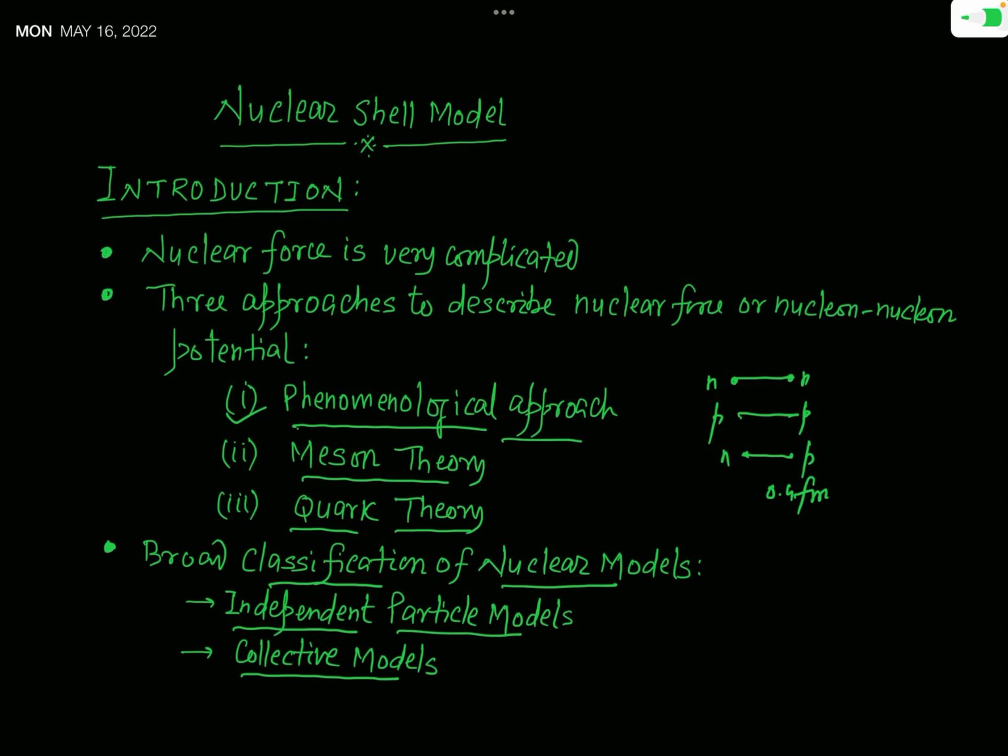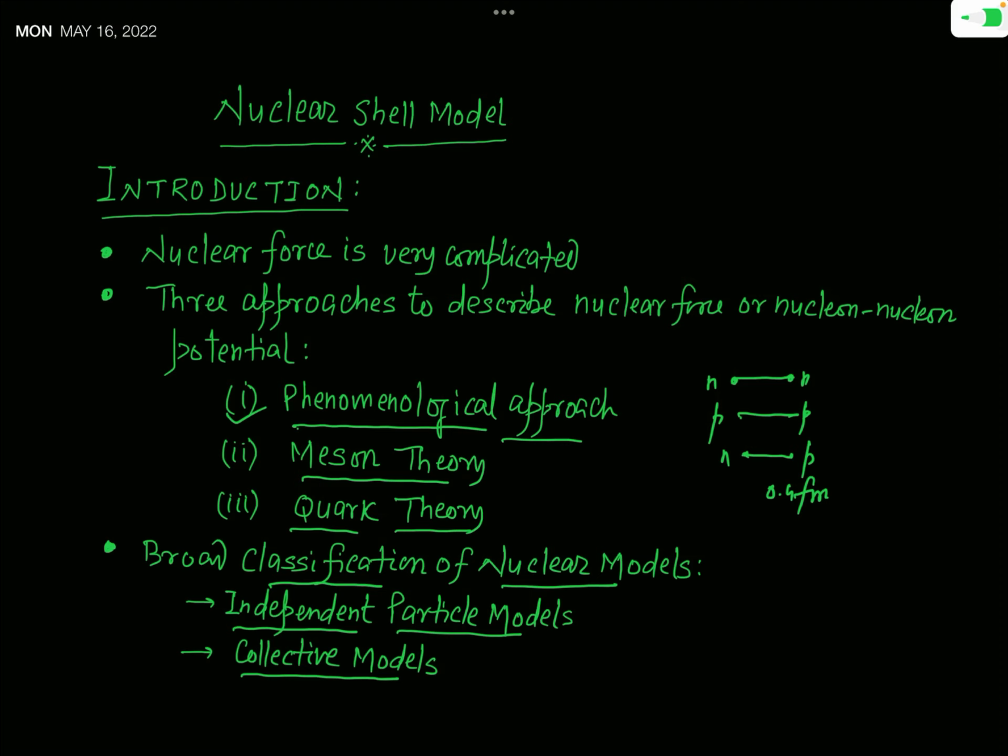A better approximation is to consider the nucleons moving independently in a common potential well, such as the oscillator potential or the square well potential, or the more realistic Woods-Saxon potential. The harmonic oscillator potential is more popular since it can yield analytical solutions to many nuclear problems.